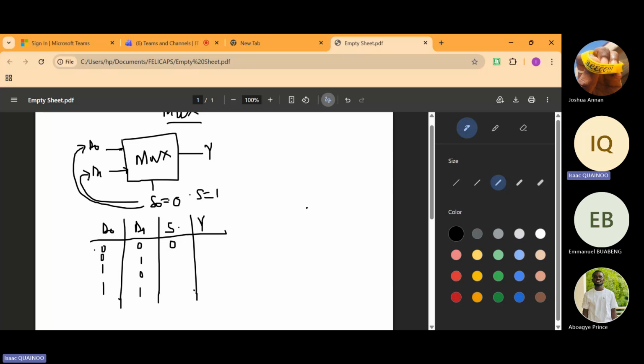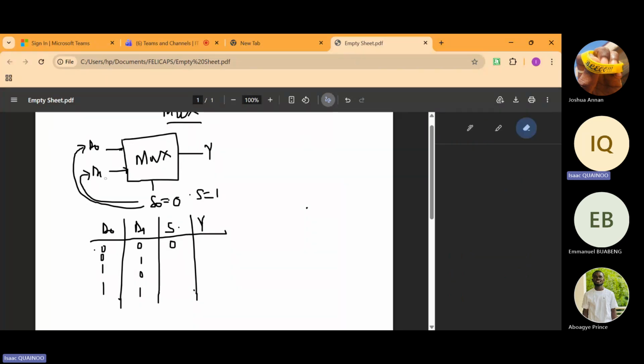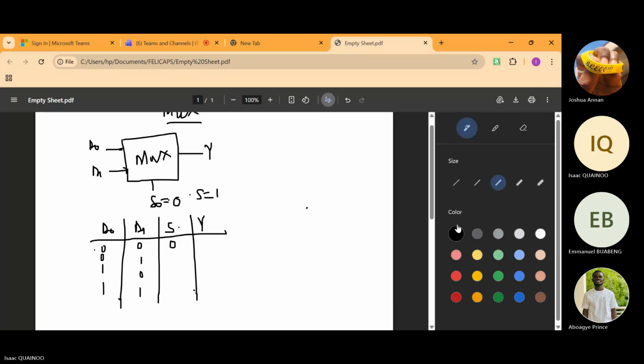This is how it always works when it comes to selection. The input signal at your selector will always determine which particular input will be forwarded as your output. So you ask yourself, what is the binary value of your select line? If it is 0, then D0 will be selected, so Y will be equal to D0.